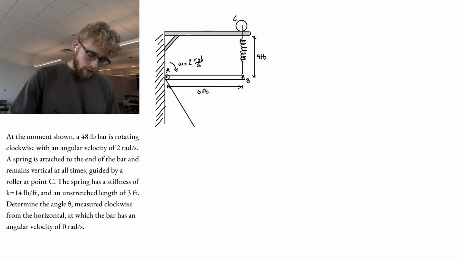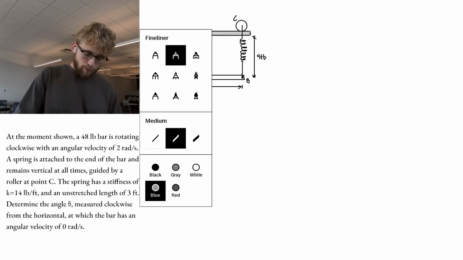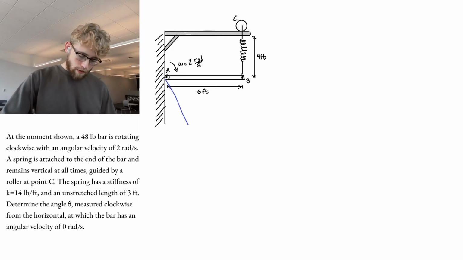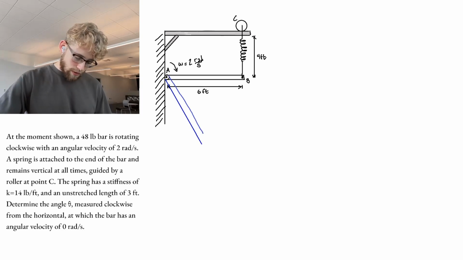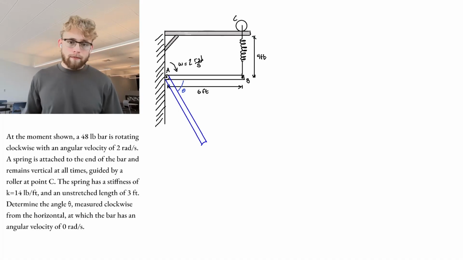we're going to draw. All right, you know what? Let's go with blue. Okay. Somewhere down here, the bar comes to a stop. And what we want to know is this angle right here, theta.